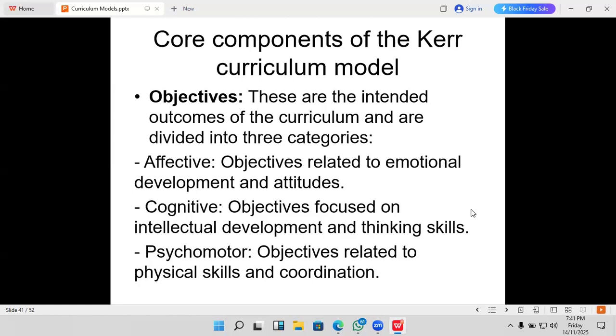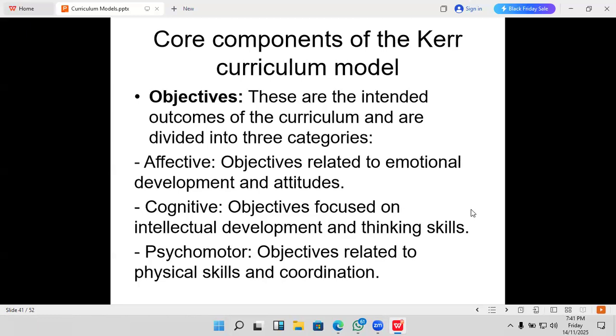Cognitive, according to this Kerr model, objectives focused on intellectual development and thinking skills.